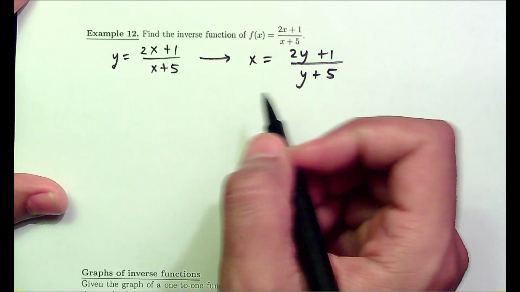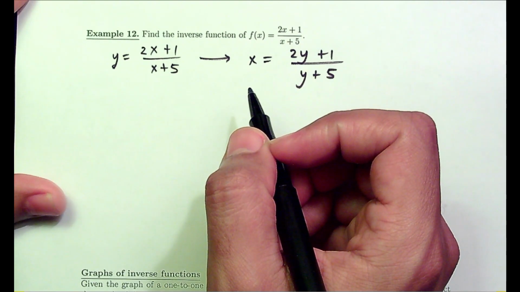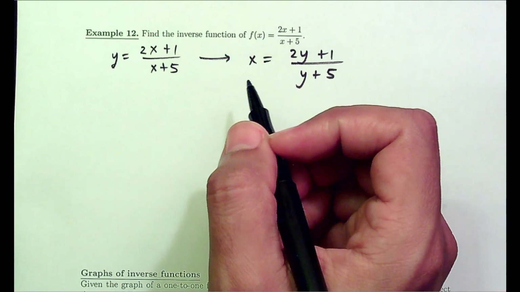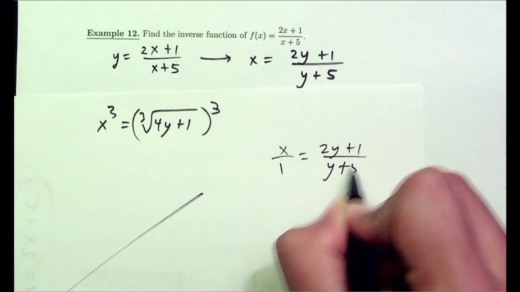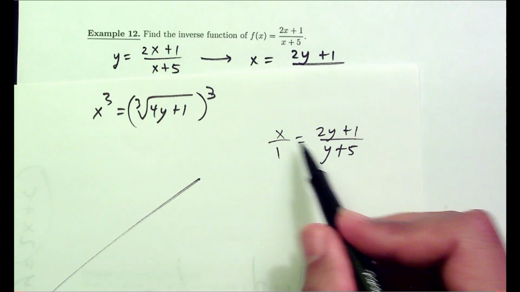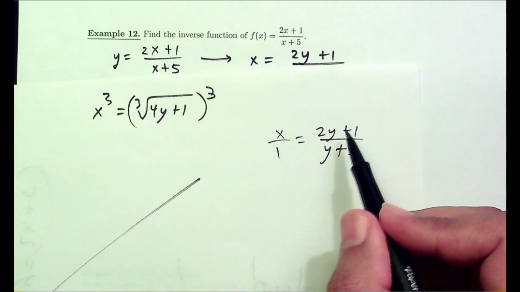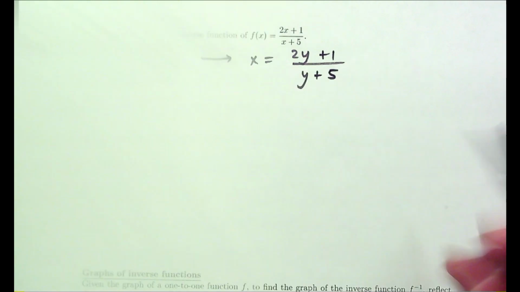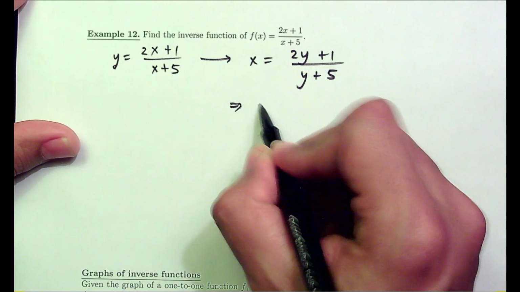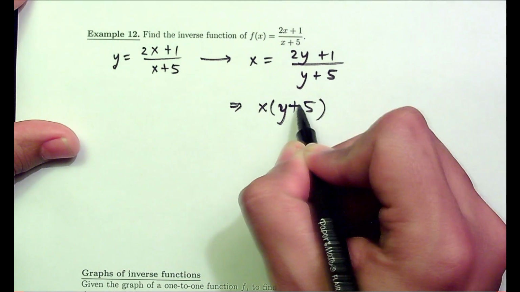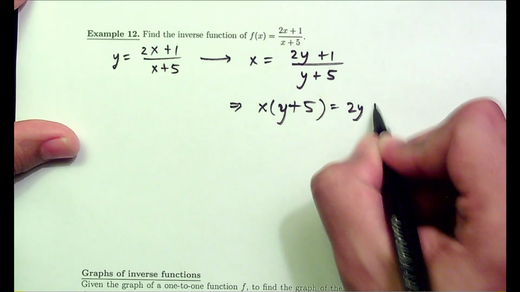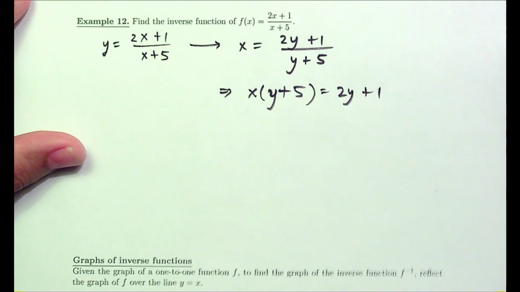Either way you think about it, if you cross multiply, you get x times (y plus 5) equals 1 times (2y plus 1). So really you get x times (y plus 5) equals 2y plus 1. Either way you want to think about it, that's what you get.